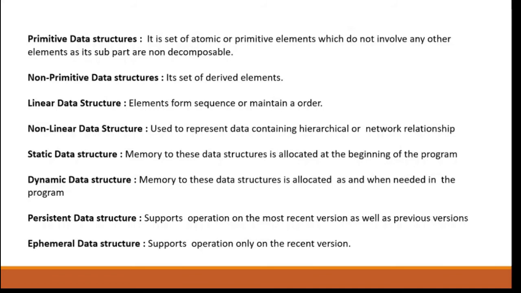File data structure of C consists of different types of elements. Hence, array structure, files, and user-defined data types are non-primitive data structures.